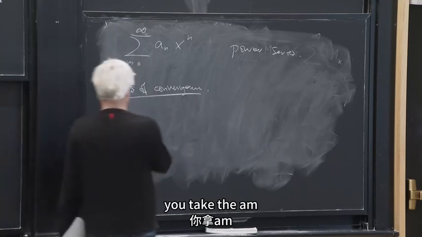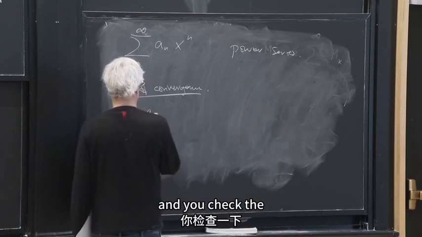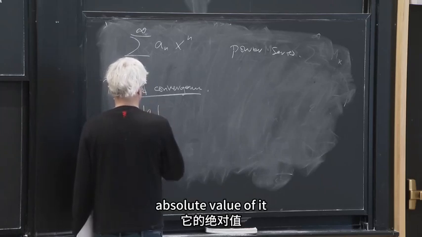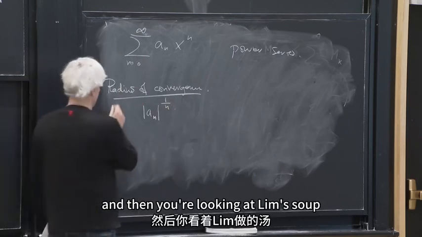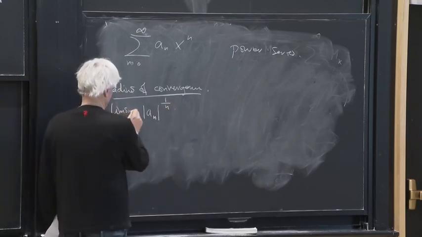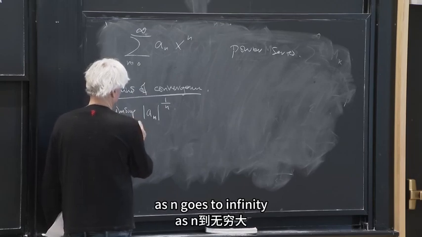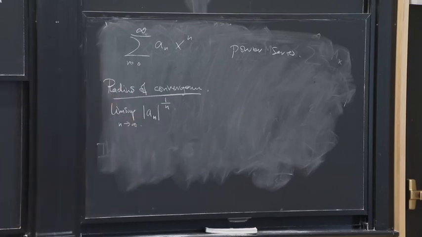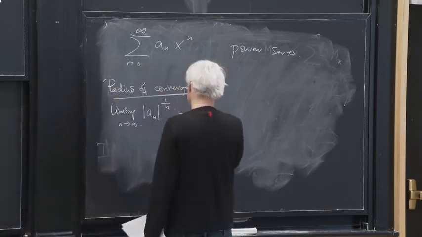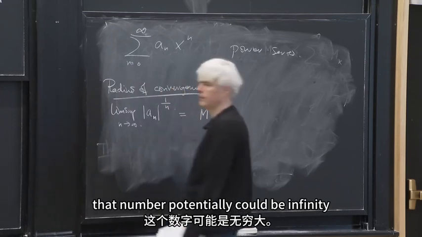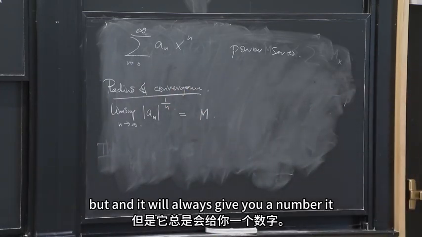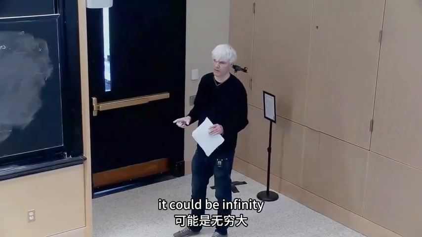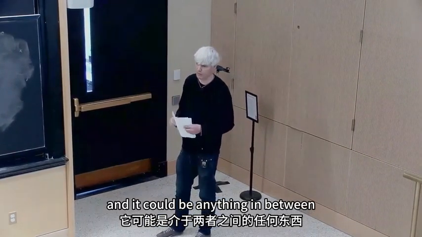You take a_n and take the absolute value of it, and then you take the n-th root of that. And then you're looking at the lim sup as n goes to infinity. That gives you some number. That number potentially could be infinity. It's always non-negative. It could be 0, it could be infinity, and it could be anything in between.